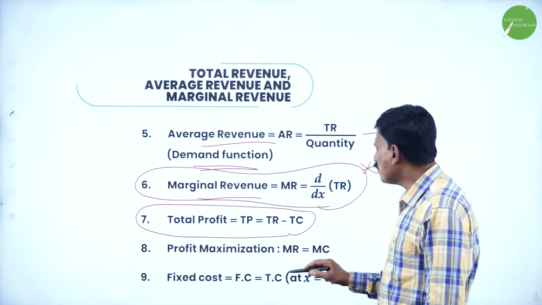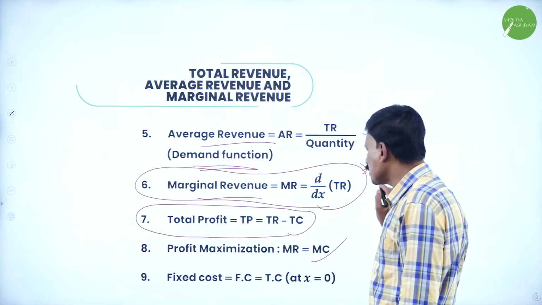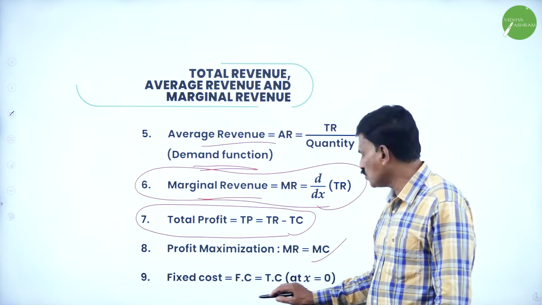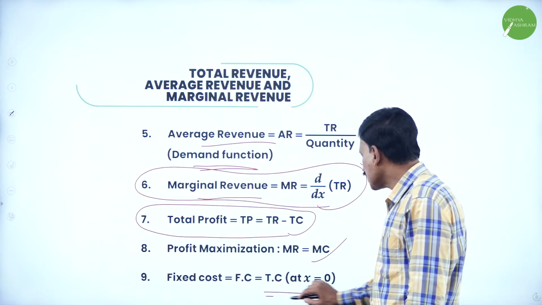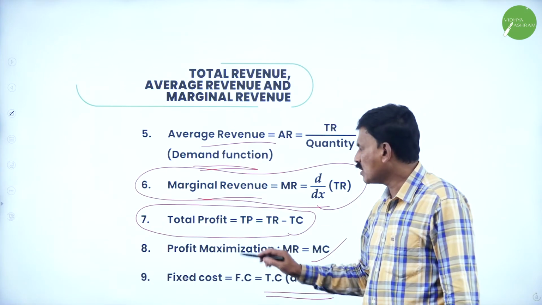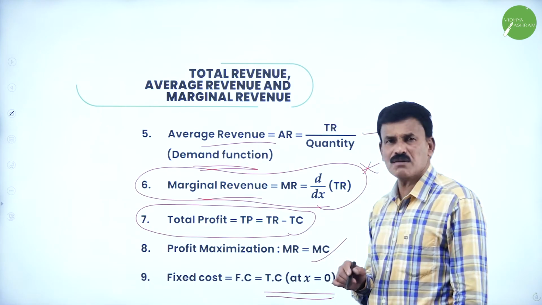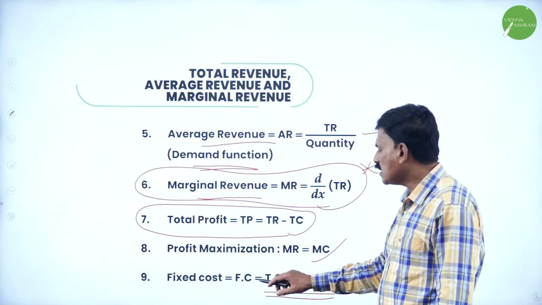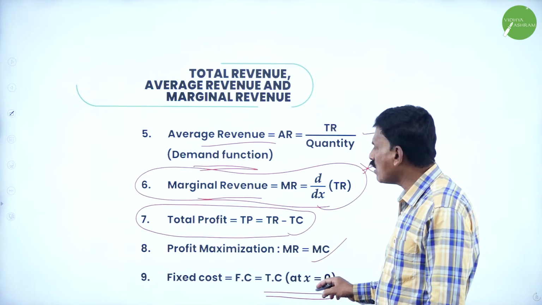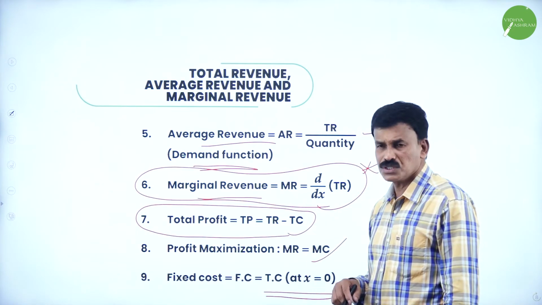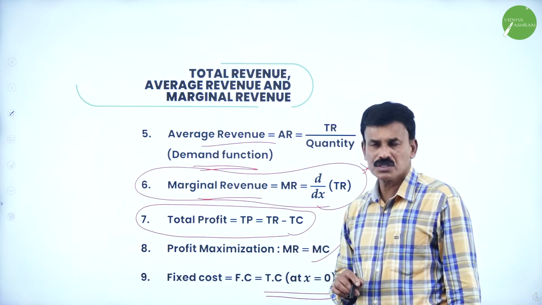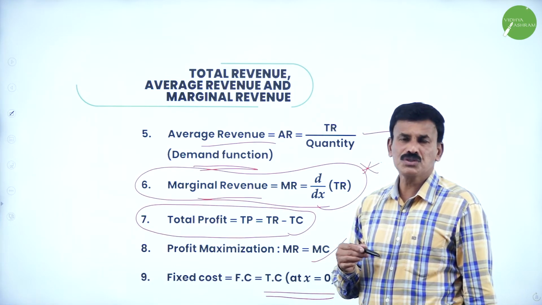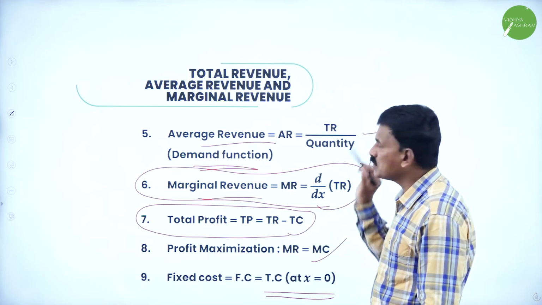And profit maximization is when MR is equal to MC, whereas the fixed cost FC is the total cost at X is equal to 0. So these are a few formulas which we are going to use to solve the problems in this concept.